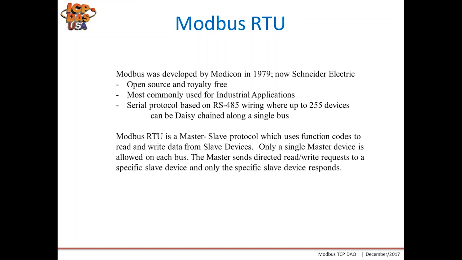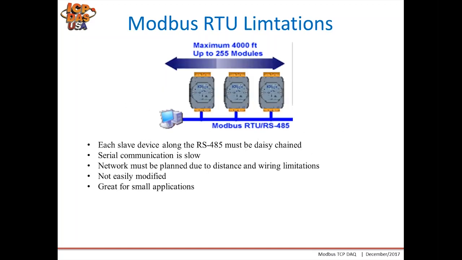Modbus RTU has several limitations. First, each slave must be daisy chained along an RS-485 or single COM port connection. Serial communication is very slow compared to Ethernet communication and many other industrial protocols out there.